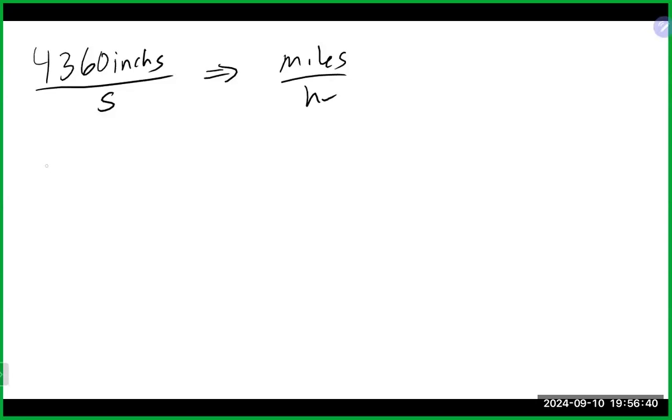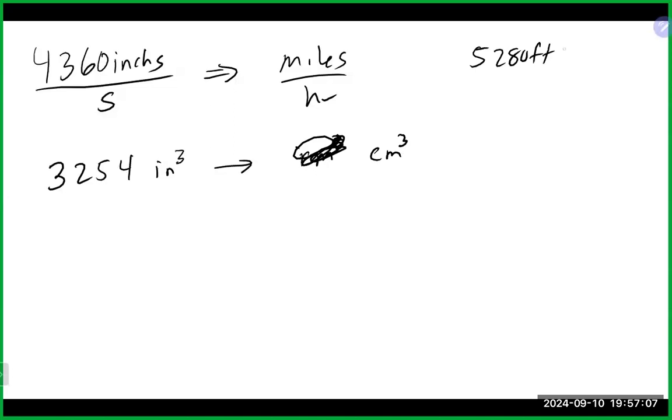And if I had 3,254 cubic inches, how many cubic centimeters would that be? So take a moment there, I'll give you some conversions. 5,280 feet is a mile. Hopefully you know time conversions. And 1 inch is 2.54 centimeters. All right, see what you come up with.